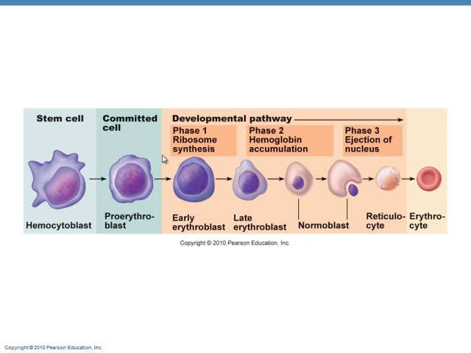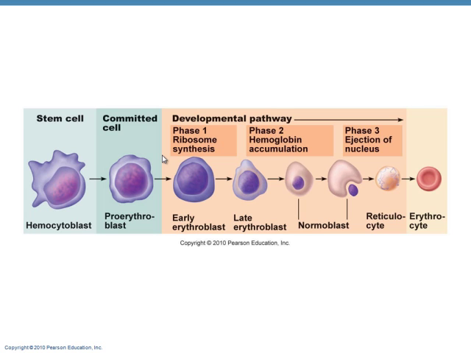Please notice, pro-erythroblast is the beginning. We go to early and late erythroblast. Then we go into normoblast. And this is where I start looking like a red blood cell. Because at this point, I'm going to start to accumulate a lot more what as I mature? Hemoglobin. What happens to that nucleus, at the normoblast stage of my maturation process?